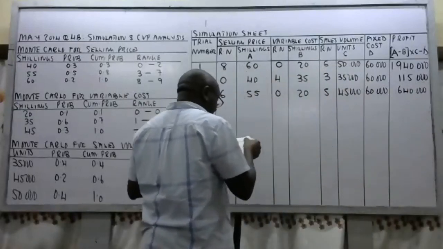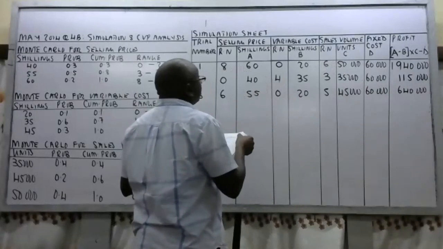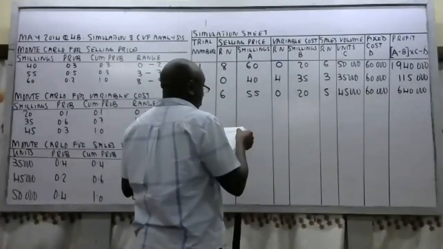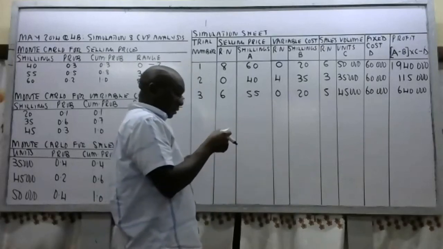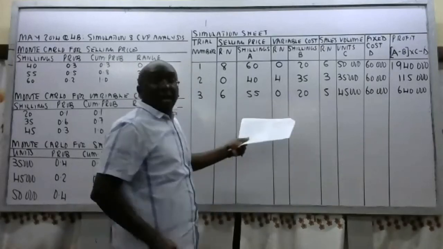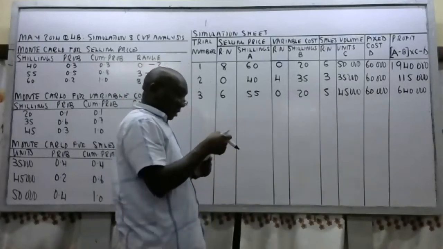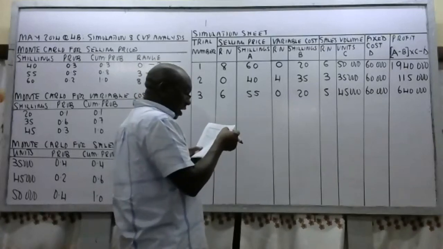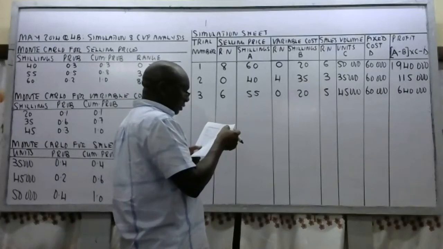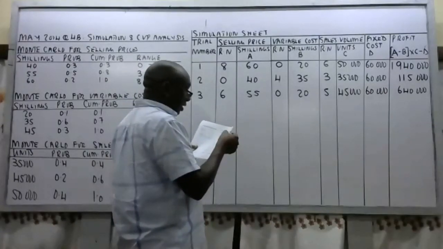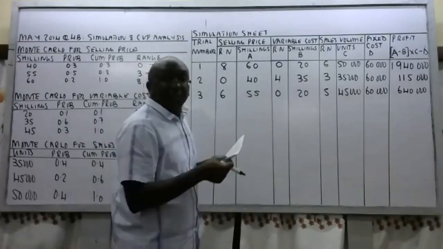So after 5, I think I did not pick correctly hapa. Naona hii ilifaa kuwa 605. After 043, I should have picked 6 at 2.